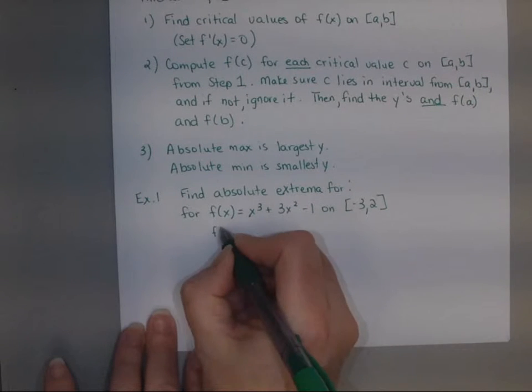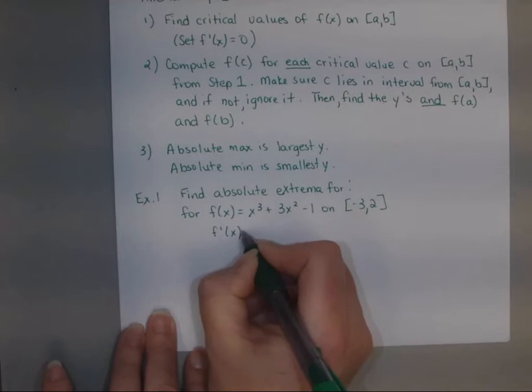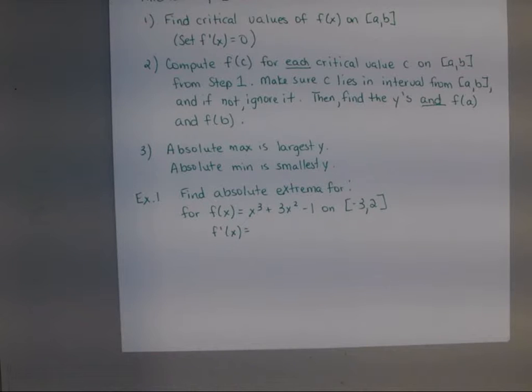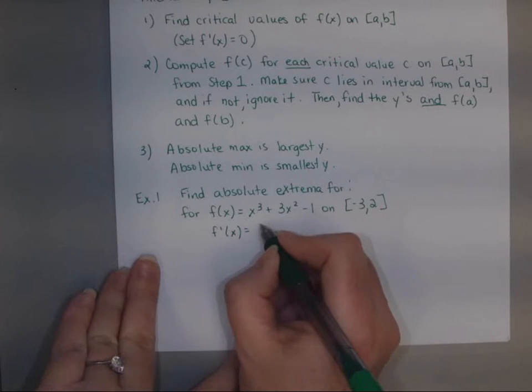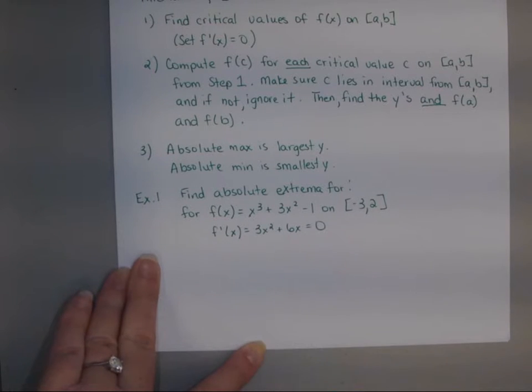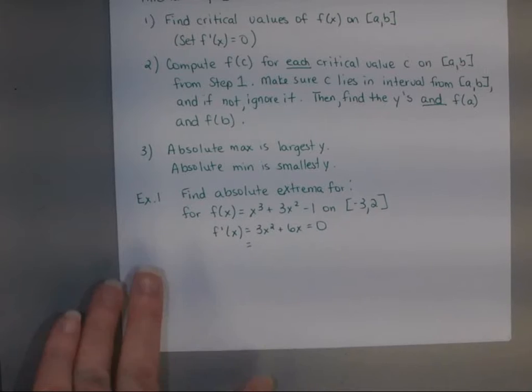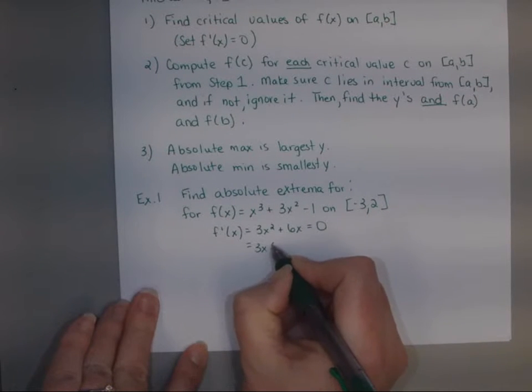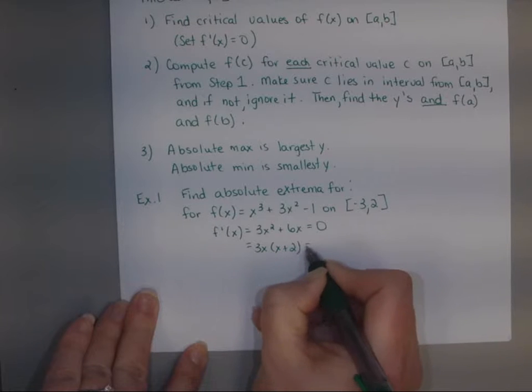So the first thing I need to do is find critical values, because that is one option for my absolute max and min. Okay, so let's find the first derivative. What would that be? 3x squared plus 6x, and we're going to set that equal to 0. Okay, what can we factor out of both? 3x. So if we do that, we're left with x plus 2.